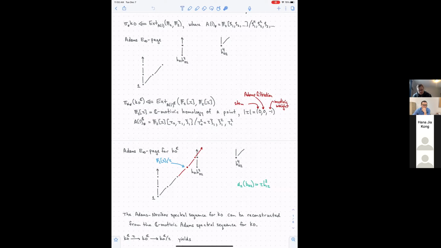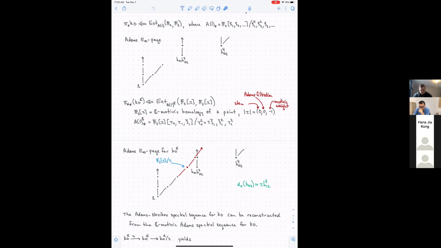Now, if you carry out the computation of this C-motivic thing, you get a very similar picture. You can see the classical picture here, and the C-motivic picture down here.